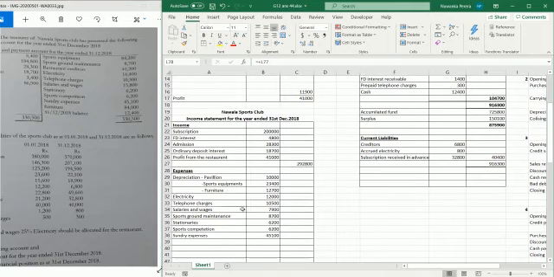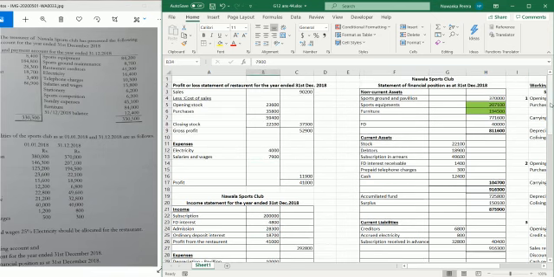Here I have recorded salaries and wages 7,900. Then in the profit or loss statement of the restaurant, once again I have recorded 7,900 as salaries and wages.